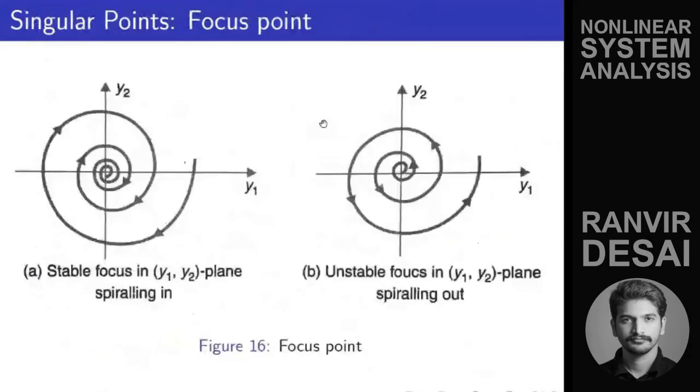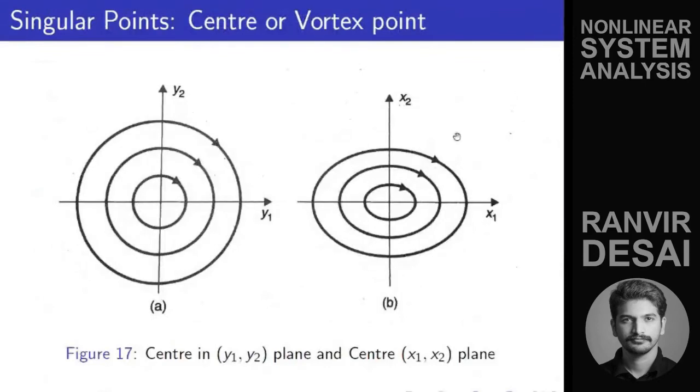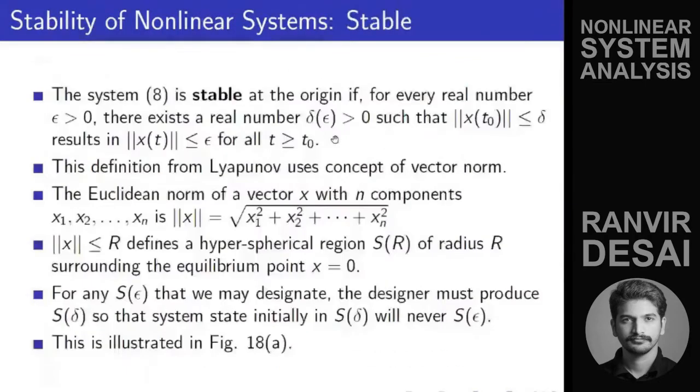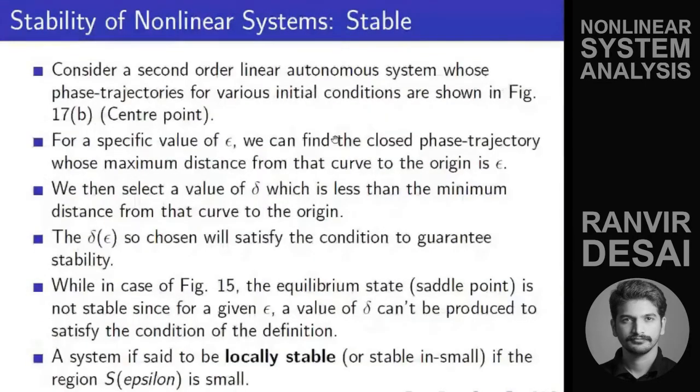This is 17b. So we are considering the center point. You know that it moves in a circle; it does not go to zero, and it does not leave that circle. For a specific value of epsilon, we can find the closed phase trajectories whose maximum distance from the curve to the origin is epsilon. If it is an ellipse, then the larger radius is epsilon.